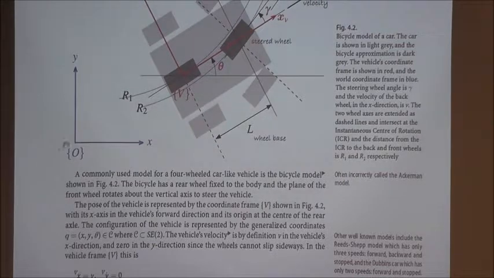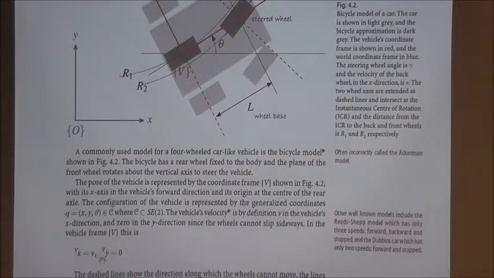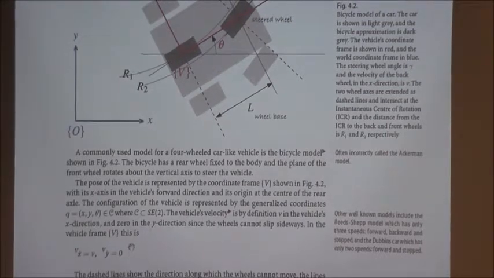You start from O, you go to V, a second coordinate system, which is shown in red. With respect to V, x dot is V, and y dot is equal to 0. Why is y dot equal to 0? Because the wheel cannot go sideways. It can only go in the x direction.